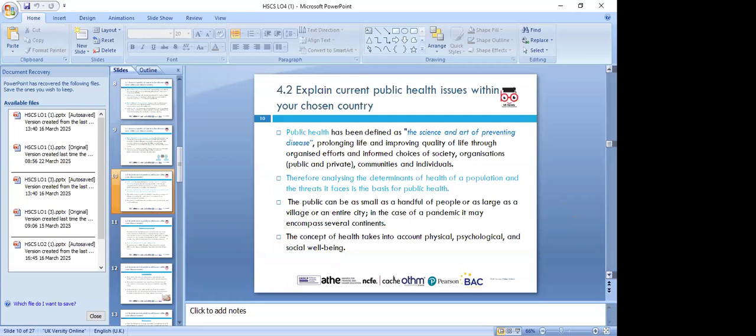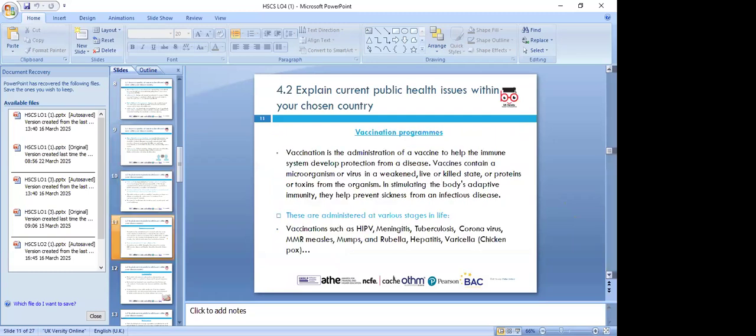The public can be as small as a handful of people or as large as a village or an entire city. In the case of a pandemic like COVID-19 or flu, it may encompass several continents. The concept of health takes into account physical, psychological, and social well-being. It's very key.